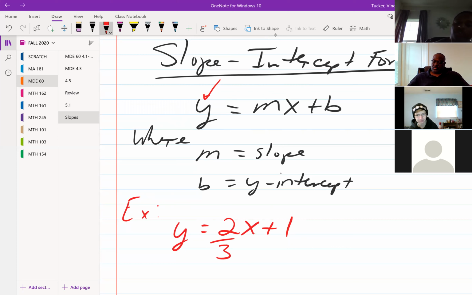So if you have 2/3 x plus 1, your slope is 2/3. Your y-intercept, which is b, would be 1.